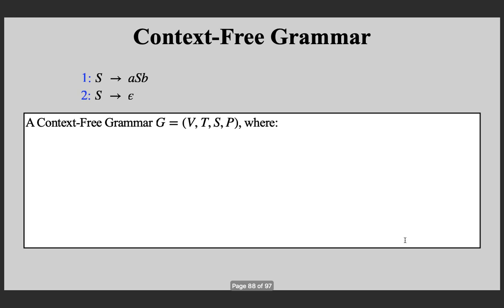So we have a grammar which is a quadruple, a set of variables. You can see a finite set of variables or non-terminal symbols, which is represented by V, and in this case only one, capital S, which are generally represented by capital letters.